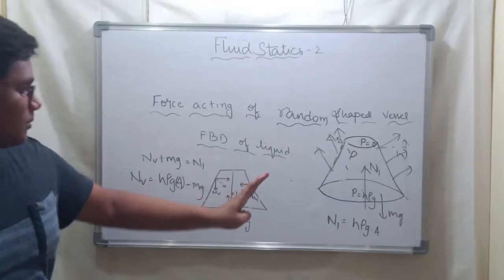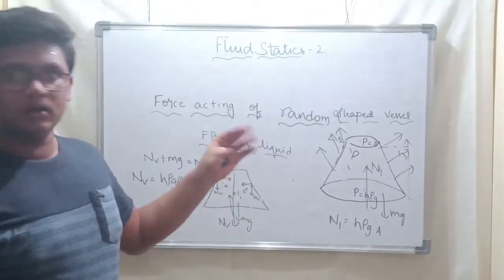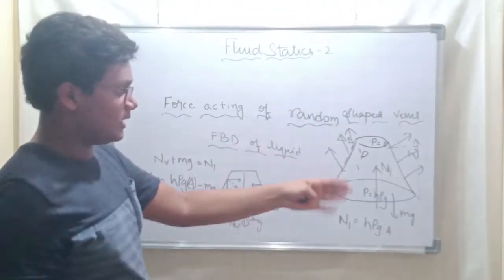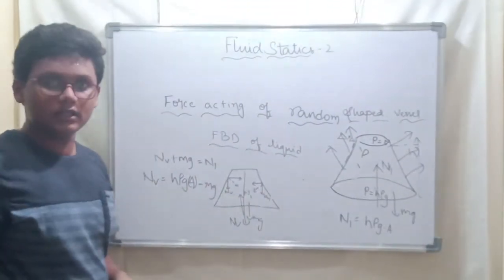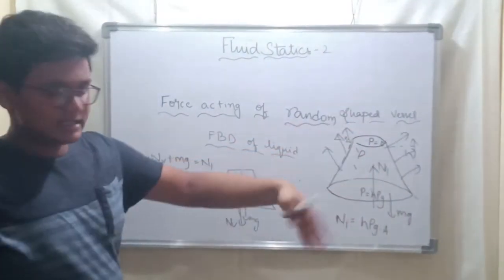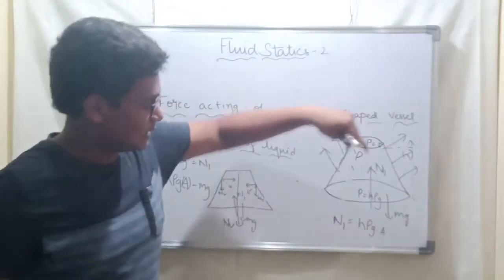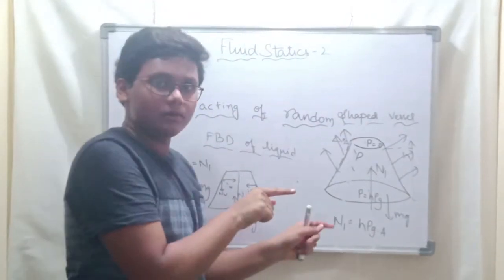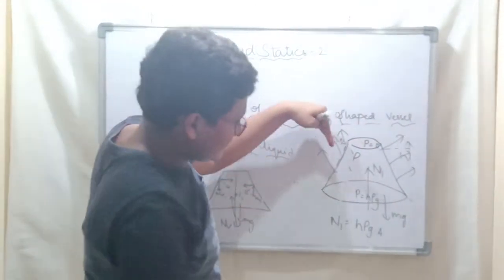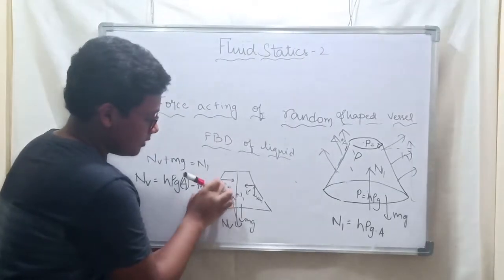This is the topic of this random shaped vessel. It is like a beaker which we use in chemical reactions. But I'll say once again that in this vessel, if we take the normal force outward, it is acting this side, and if we take it inward, it will come like this.